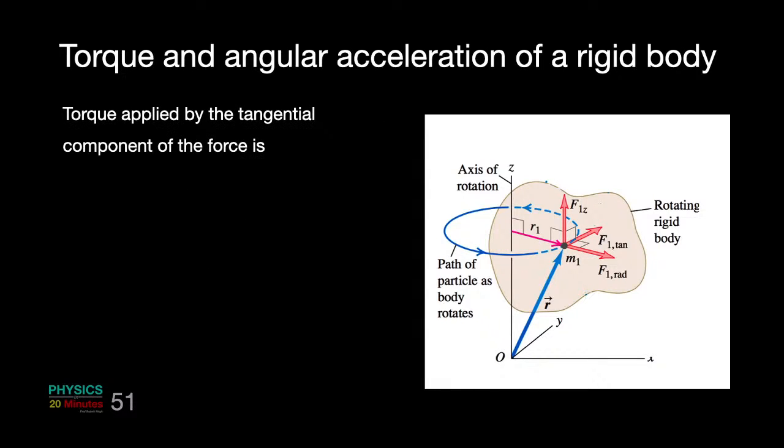Therefore, the torque applied by the tangential component of the force is tau i equal to r i F i tangential. Remember, i in general is the index for the ith particle. It is an index that will run from 1 to n.